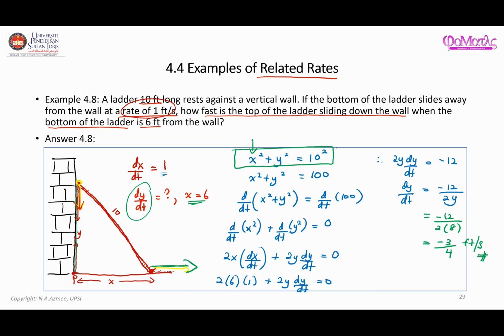It will decrease over time, because when the top of the ladder is going in this direction, the distance has decreased. So negative here represents the distance being decreased. So the ladder is sliding down at a rate of 3 over 4 feet per second.